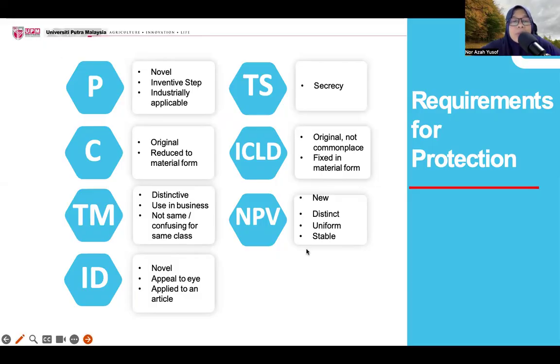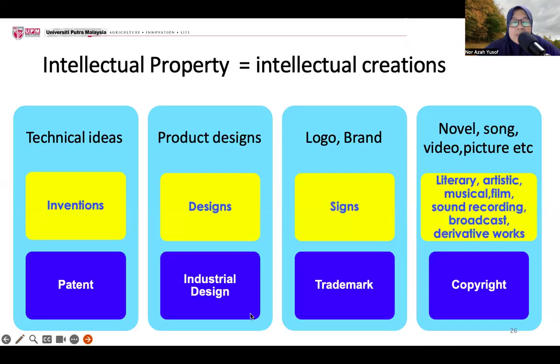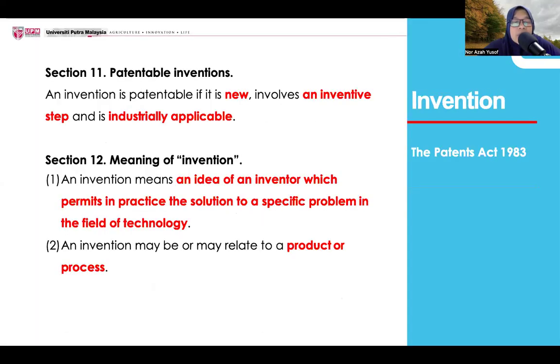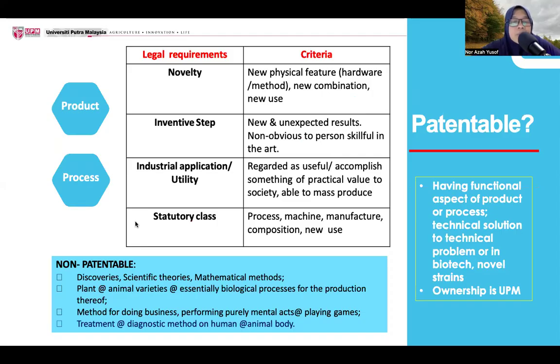For animals, I'm not so sure, but if it is a plant, then there is IP for that. So plants should fall under new plant varieties. A method for doing business is not something that you can patent. A diagnostic method as well is not something that you can patent.